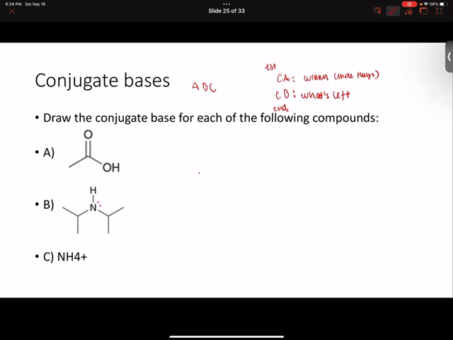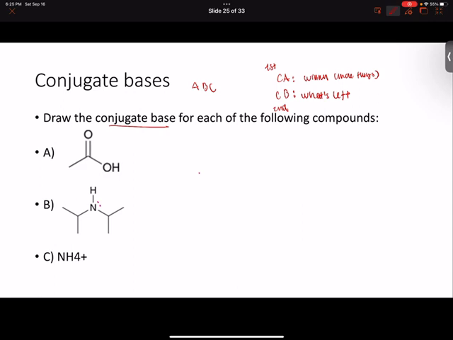So then we're gonna draw the conjugate base for each of the following structures. When we're doing a conjugate base normally, we're just gonna remove one proton from the molecule. So that's what I mean when saying what's left, because I'm removing a proton from it.